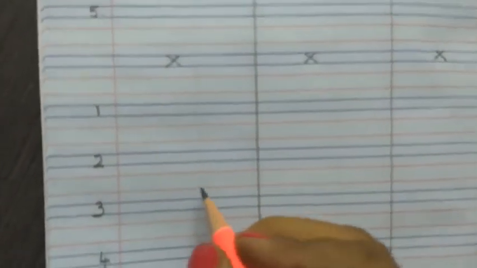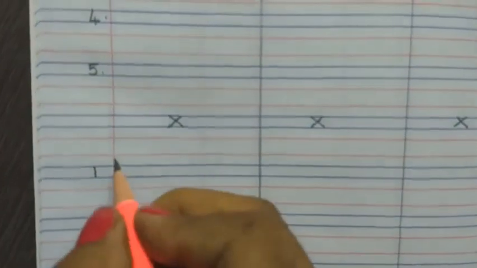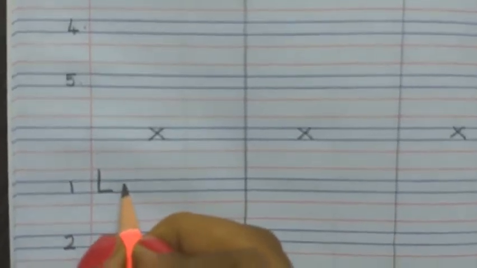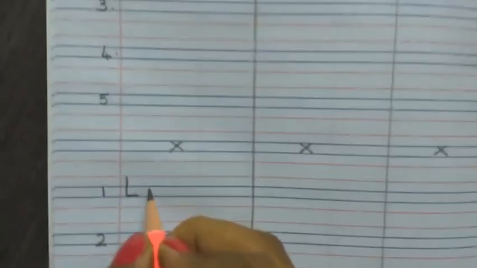Now we'll write insects. So number 1, the first insect will be ladybird. L-A-D-Y-B-I-R-D. Ladybird. Starting with capital L. So from the red line, L, then we'll write small a.